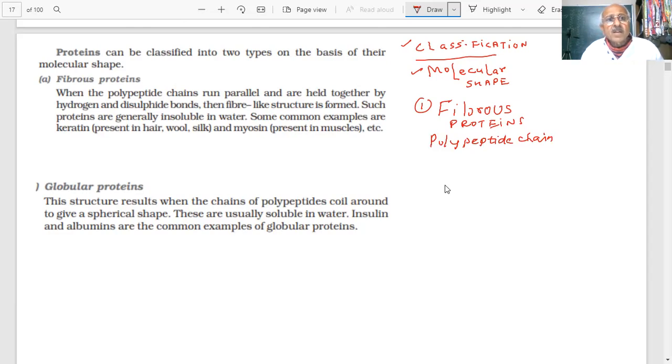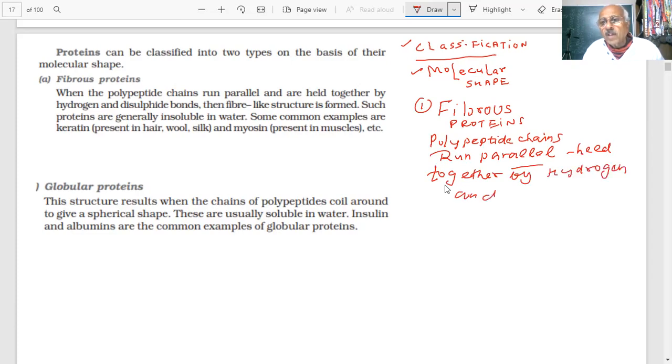When polypeptide chains run parallel, they are held together by hydrogen and disulfide bonds.